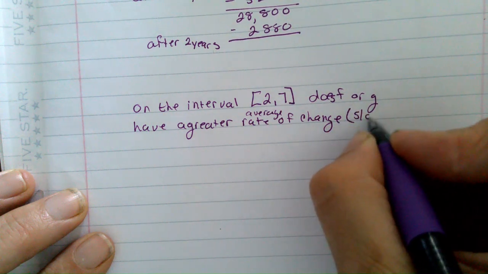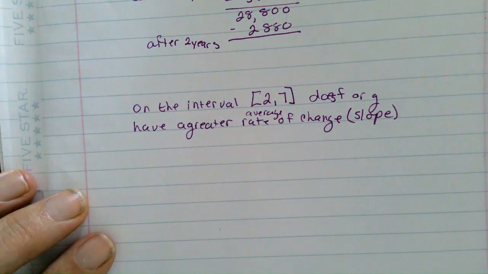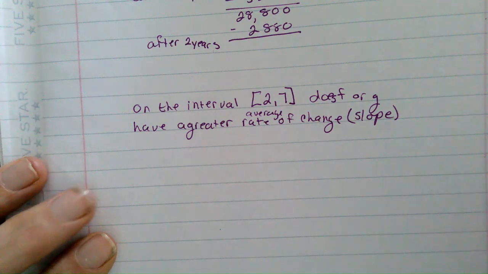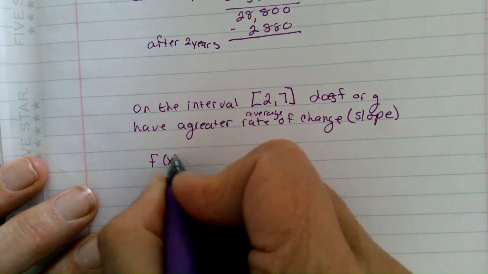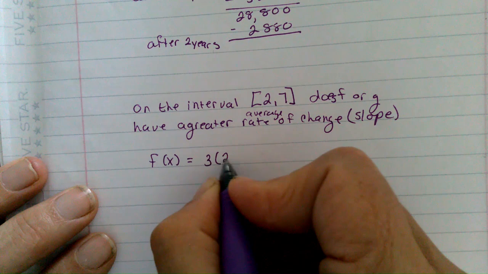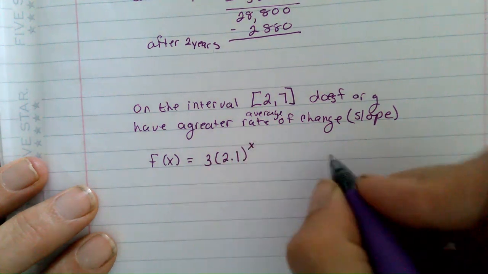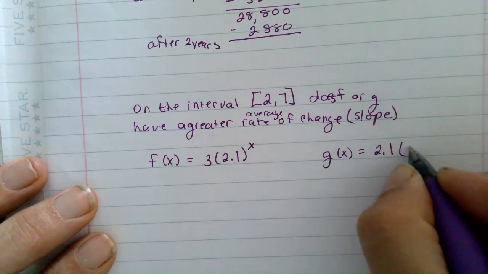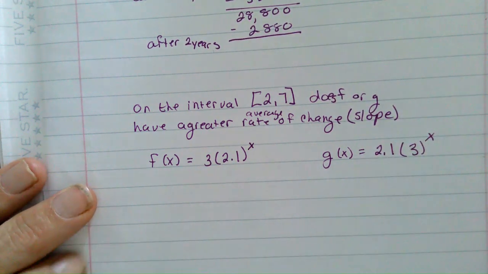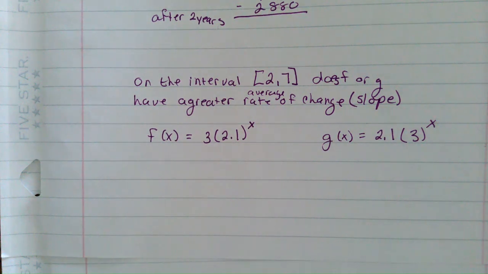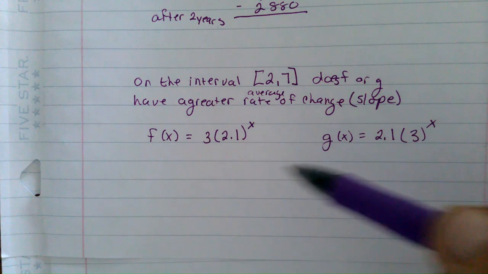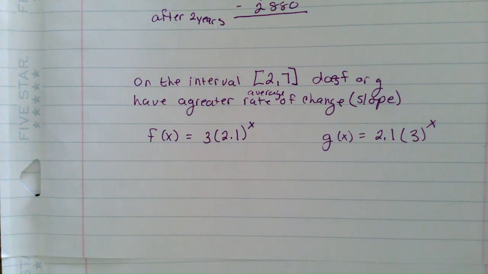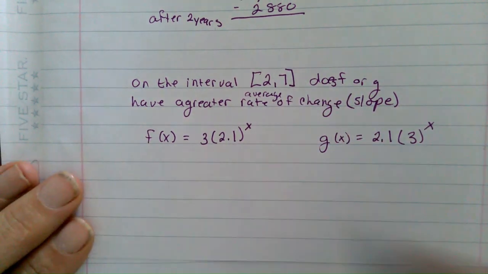This just really means slope. Who has the better slope? And they're giving us two x values. So let's say f of x is 3 times 2.1 to the x, and g of x is 2.1 times 3 to the x. It's really going to change on our interval which one's the better, because some of them are going to be better in this window, some are going to be better in this window. They're specifically giving us 2 to 7.